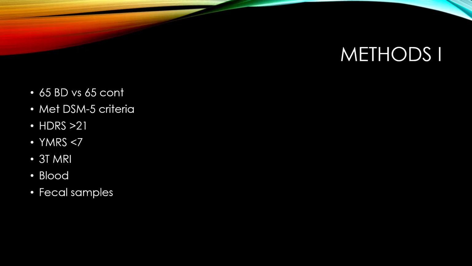These individuals also scored greater than 21 on the Hamilton depression rating system. Sorry, there's a couple of measures that they use. There's one that they use with anxiety as well.